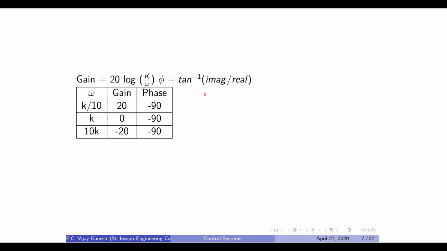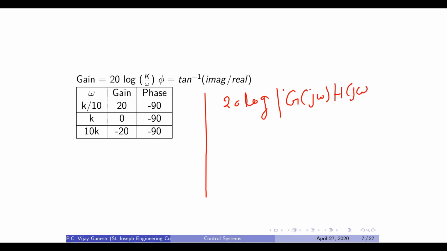Now before calculating the gain, the gain is given as 20 log of mod of G of j omega into H of j omega.